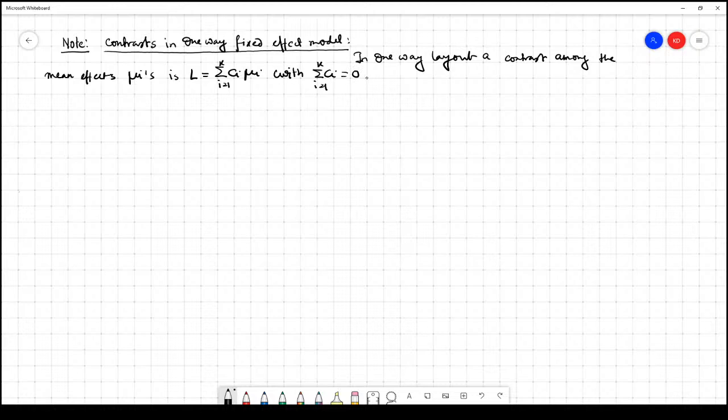Note that variance of alpha hat is equal to sum over I from 1 to k Ci square variance of yi naught bar, because mu I hat is yi naught bar.